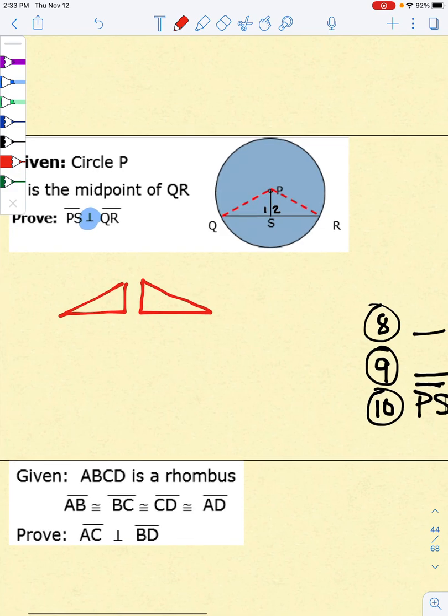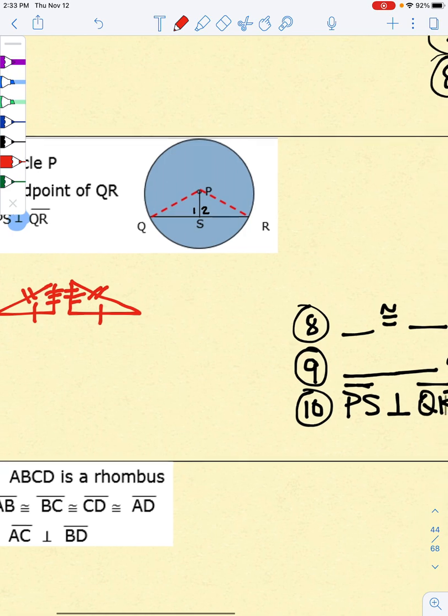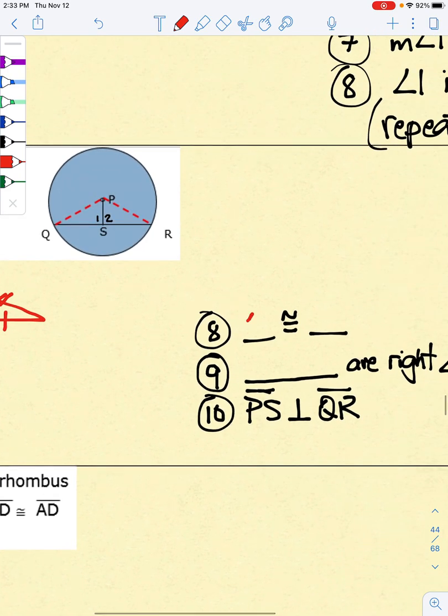So you can kind of surmise that we have the hypotenuses, or in this case, sorry, we have the radiuses that are the same. Yes? We have a midpoint. So sure enough, this is a shared side. So by side, side, side, these two triangles are congruent, right? So then we can say angle 1 is congruent to angle 2 by CPCTC.